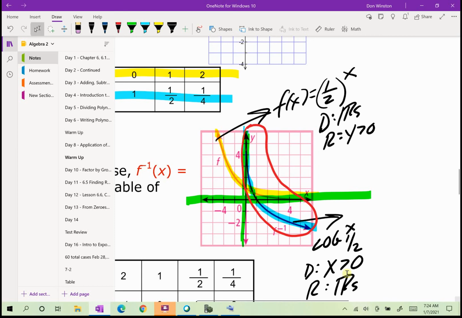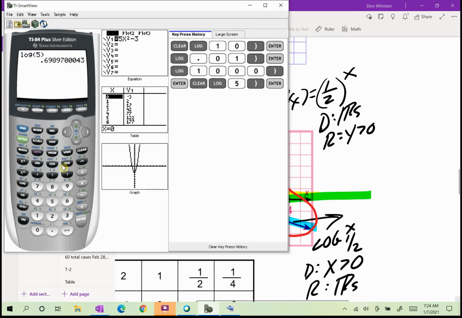Now your calculator can easily verify that, because remember the domain is x is greater than 0, so if I say what's log of 0? Well, my domain can't be 0. It's greater than 0, okay? So I should get an error, and I do. You see that?